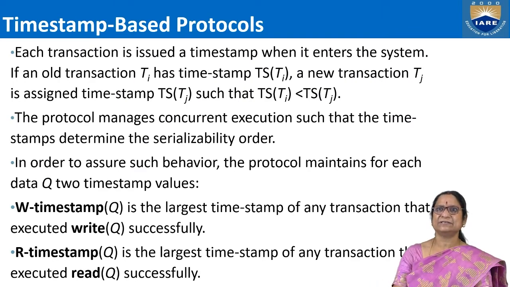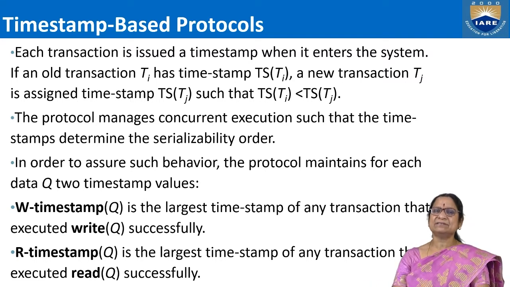Each transaction is issued a timestamp. Let us assume that TA is a transaction. A timestamp is allocated, TS of TA. A new transaction TJ is assigned the timestamp TS of TJ. That means the old transaction will have a timestamp value lesser than the new transaction, as it entered earlier, no?